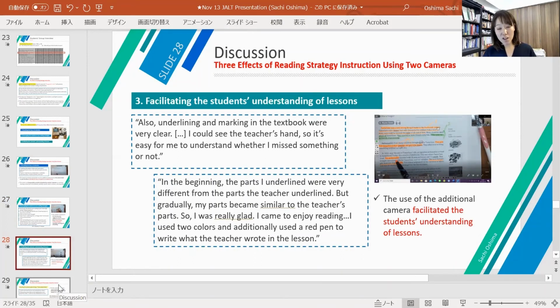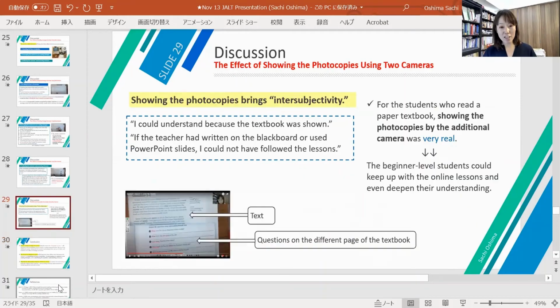And one more extra benefit I gained from this study: showing the photocopy brings intersubjectivity. From the student comments, I could understand because the textbook was shown. And secondly, if the teacher had written on the blackboard or used a PowerPoint slide, I could not have followed the lesson.